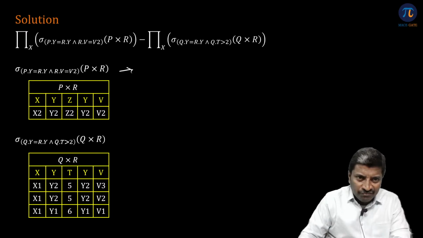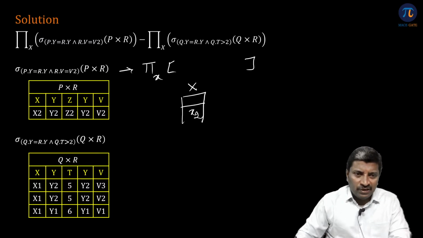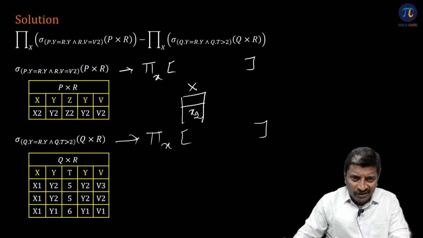From this, if you apply pi x, what you get, sir? X column, that is X2. Then from this again you apply X. Right? From this again you applied X column.